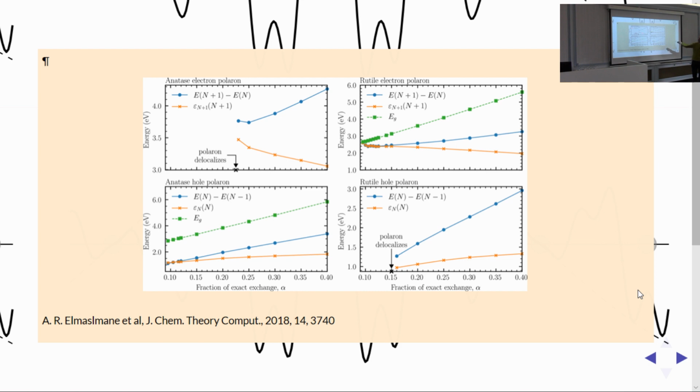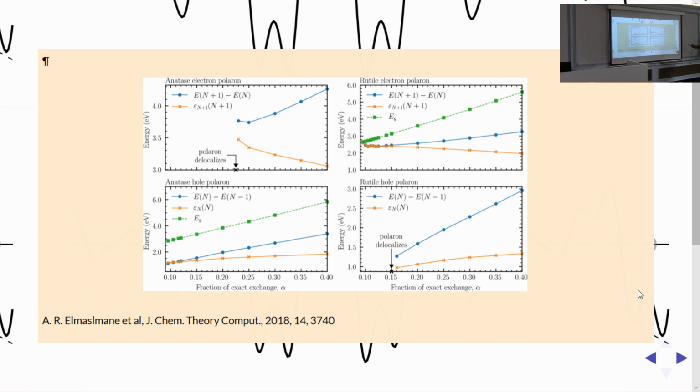The other way I can calculate the ionization energy of the system is to calculate the system with n+1 electrons and subtract the energy of the system with n electrons in it, take the energy difference, and that again is the ionization energy of the n+1 system.